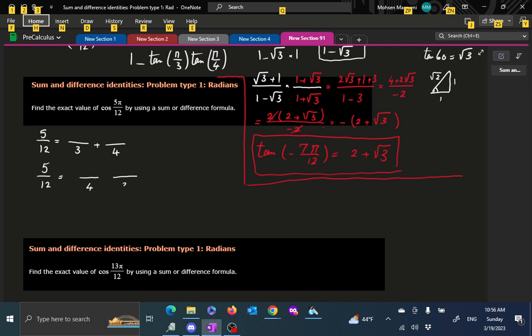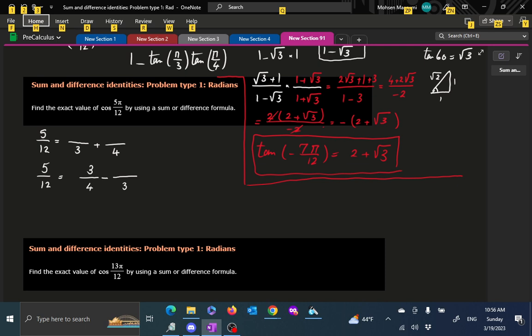So 4 and 3. Now this time we are trying subtraction. So how can I make some multiple of 3 minus some multiple of 4 become 5? Again, it's a problem in a branch of mathematics called number theory. Something there helps us answer this kind of question. But here, your best bet is just to use trial and error.